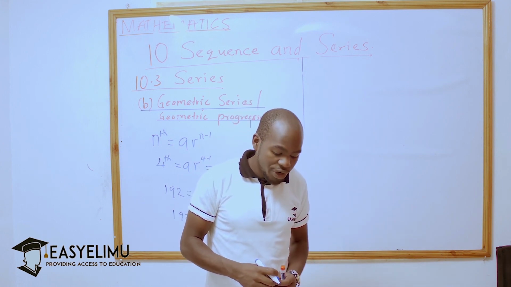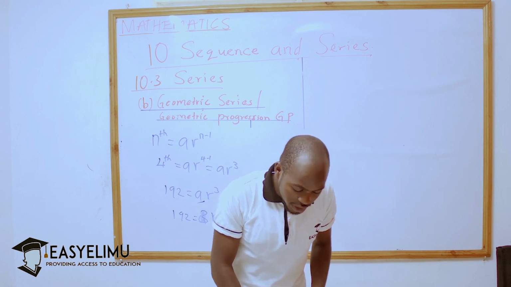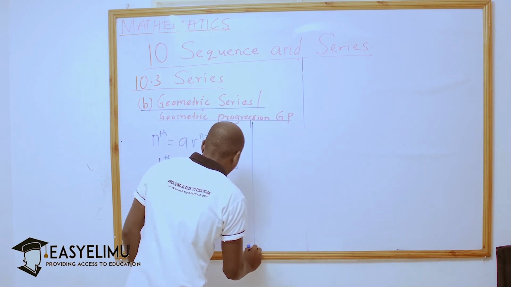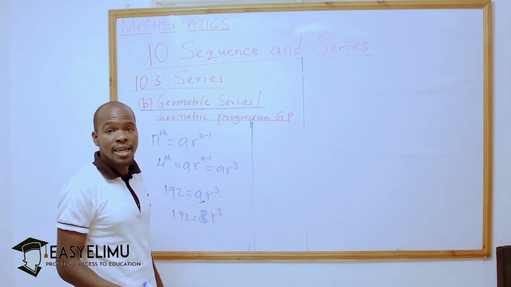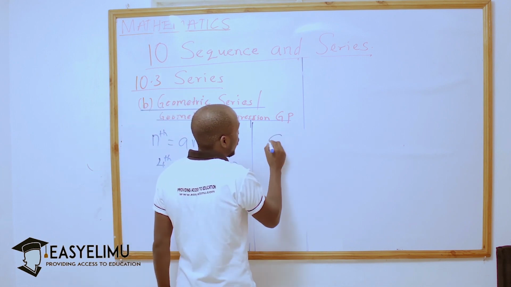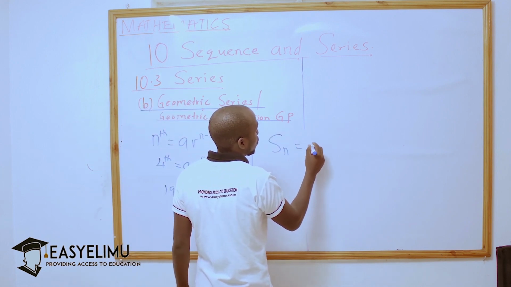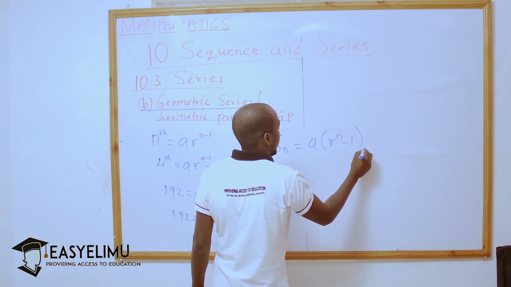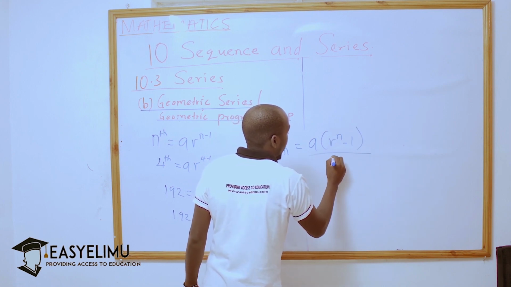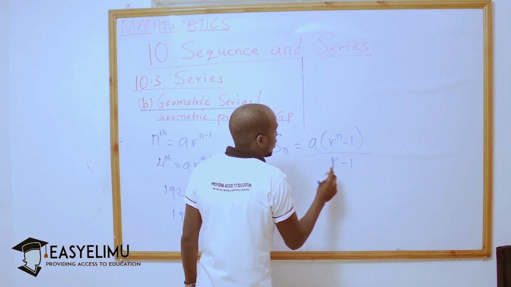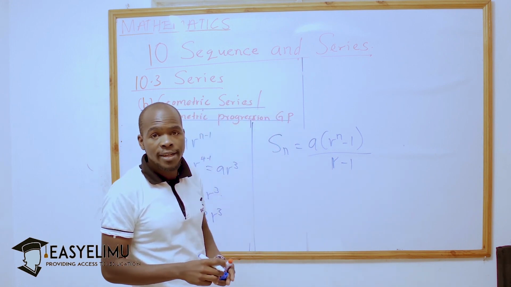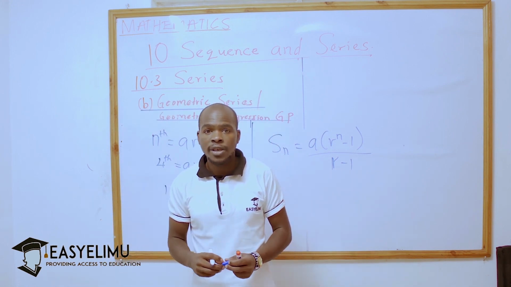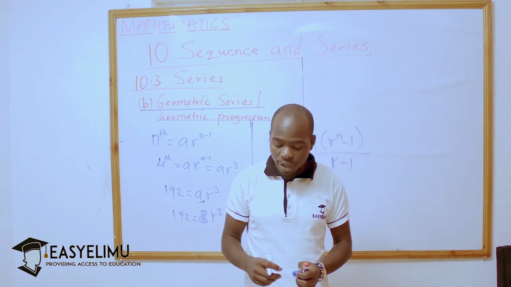After finding the common ratio, you will use the formula where the common ratio you will find is greater than 1. So you will use the formula Sn equals A into R to the n minus 1 over R minus 1. This formula here will guide you to find the sum of the geometric series which has been required.